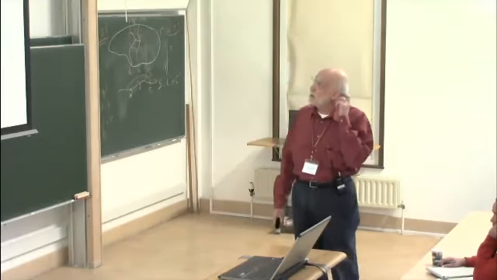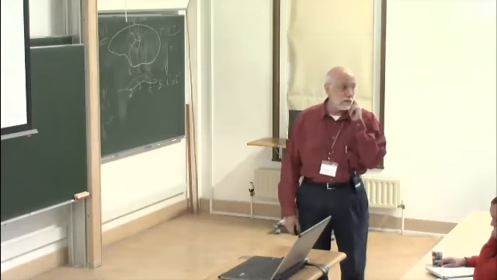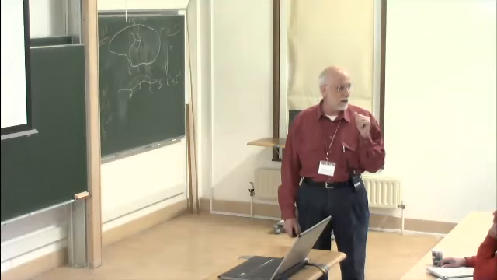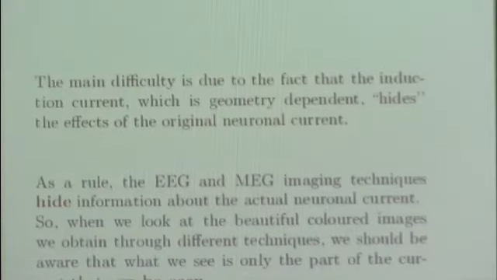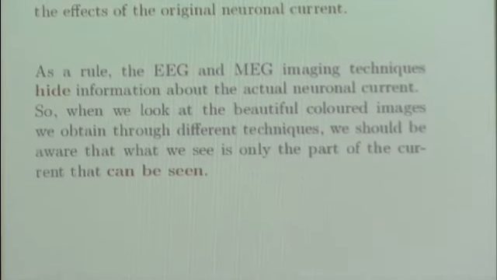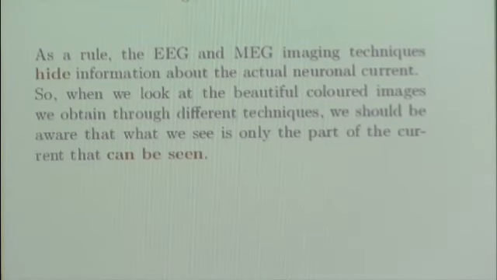The main difficulty in both cases is that the induction current hides the original neuronal current, and that creates a lot of difficulty. But in any case, as a rule, this happens both to EEG and MEG.